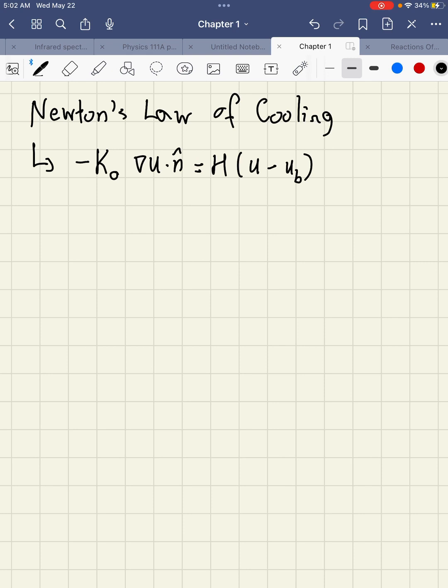Everything is the same thing again, but just the symbols slightly change.